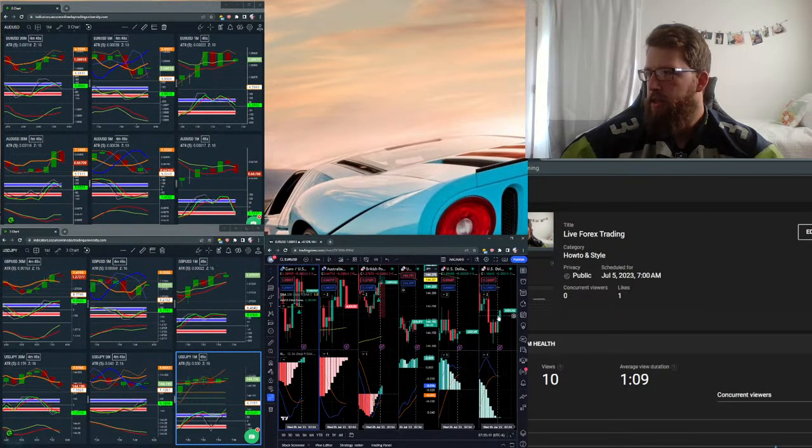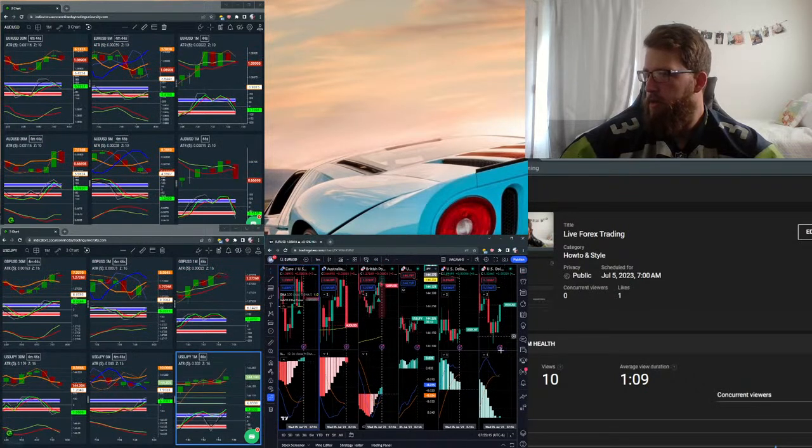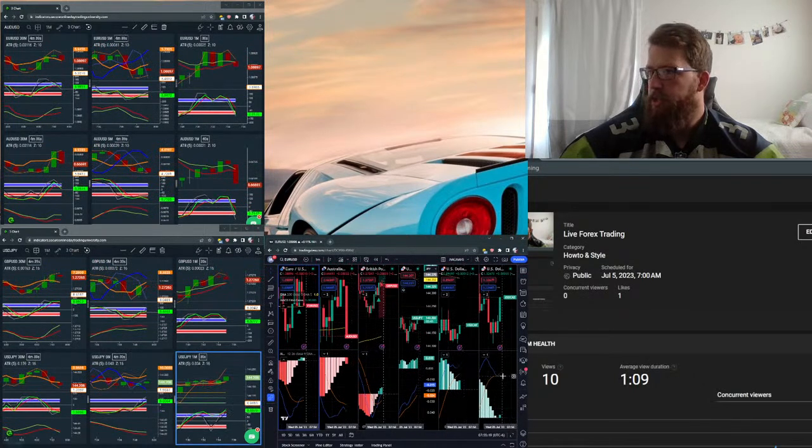This one actually looks like it could be good though, but you just saw it disappeared because the MACD did not stay crossed, which is exactly why we wait for the bar to close before we get in.